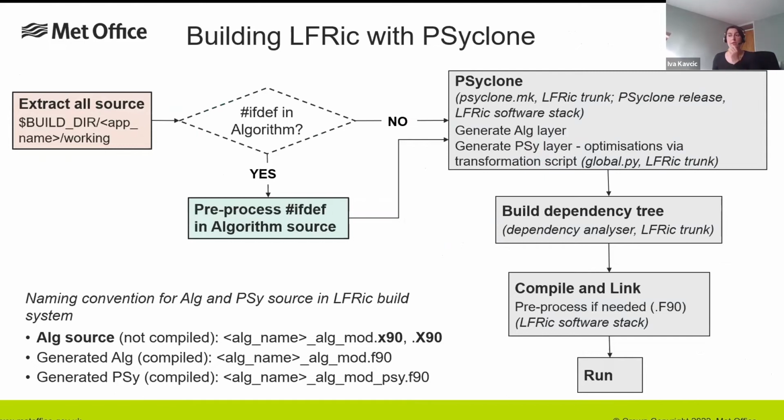So this is just a brief summary of what I already showed on 2 slides before, which I wanted to highlight: this is a non-classical approach to compilation, in a sense that we have code in the repository, the algorithm code, which is there, but it's not compiled.